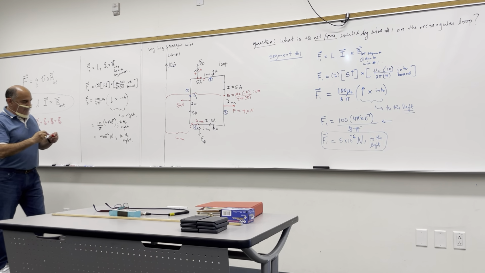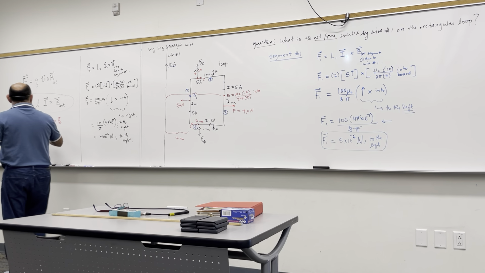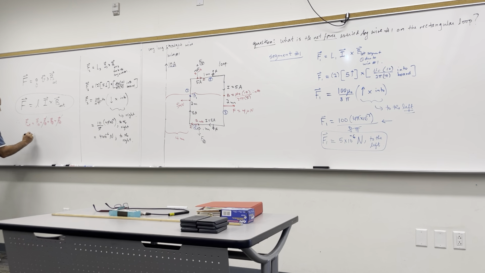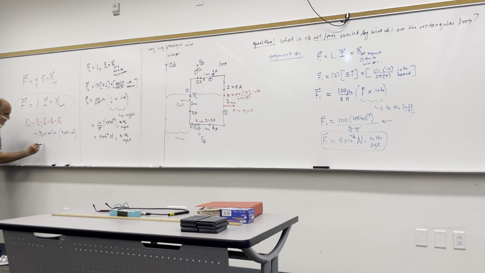We said that 2 and 4 cancel, and then the force on segment number 1 is 5 micronewtons to the left, added to the vector on segment number 3, which is 4 micronewtons to the right. 5 to the left and 4 to the right is 1 micronewton to the left. In other words, it's going to be attracted by the long wire.